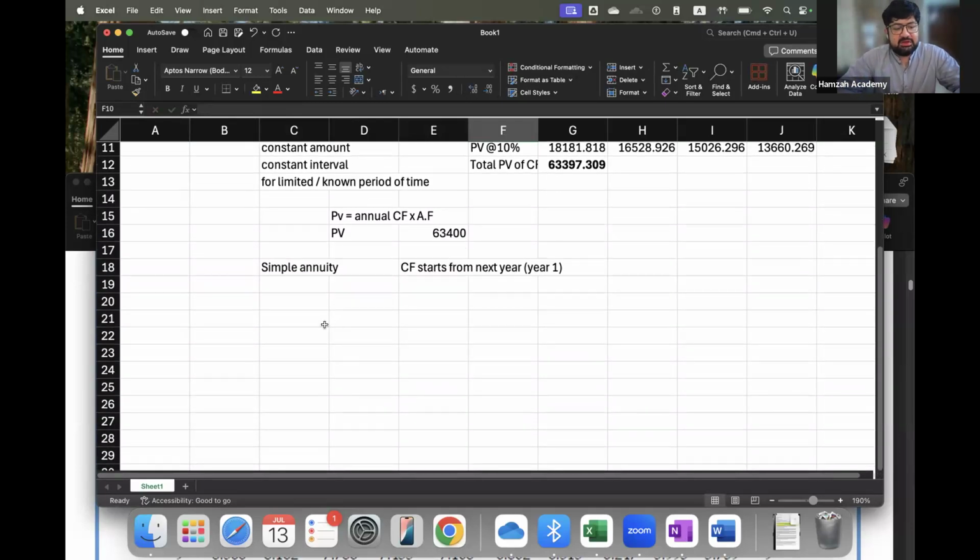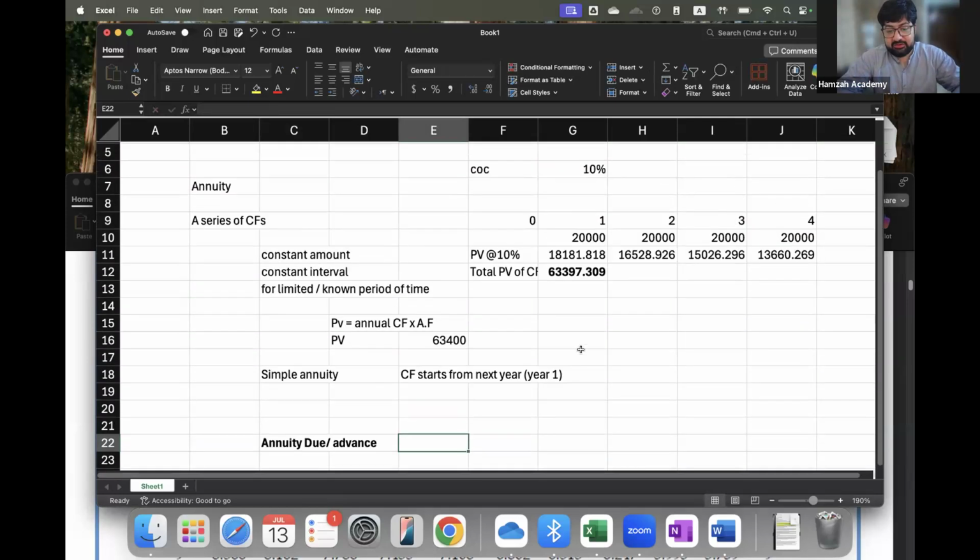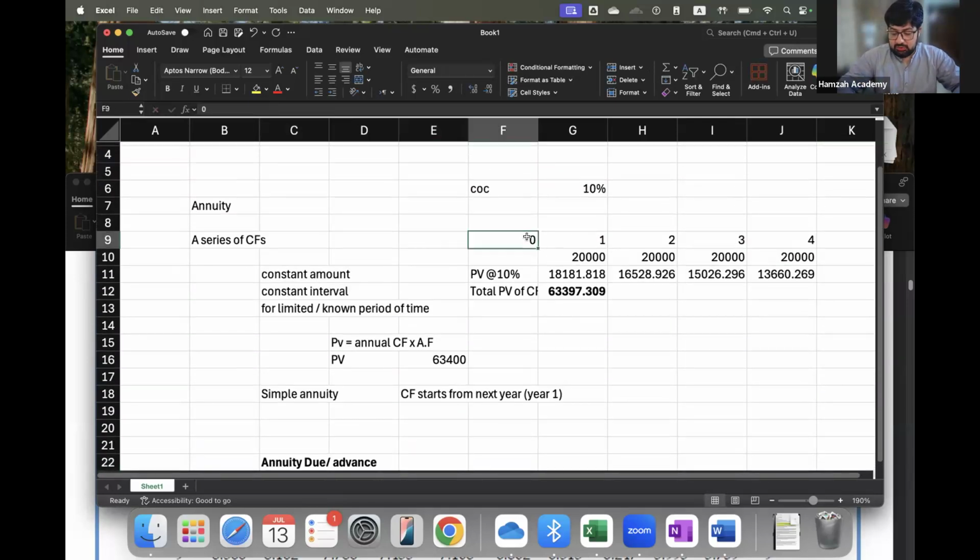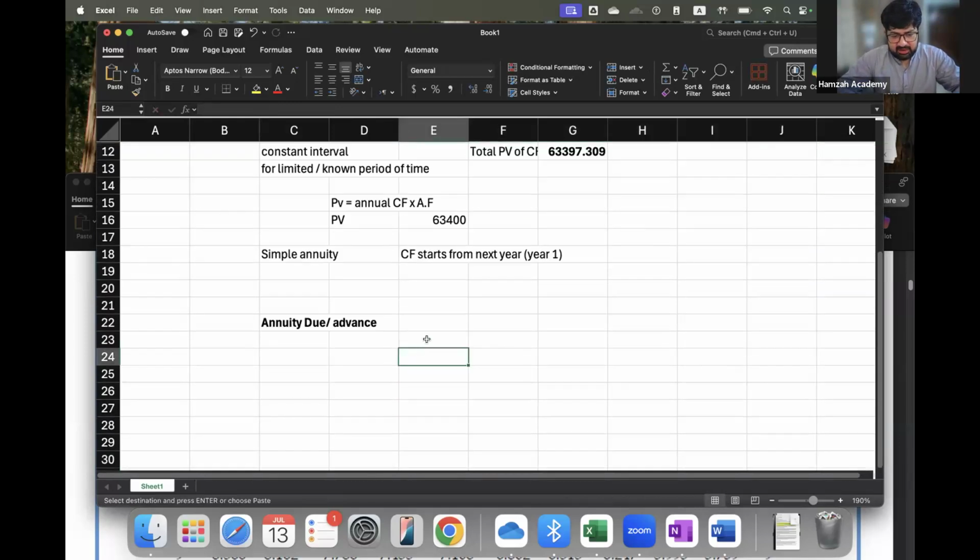Then is annuity due or in advance. The second type of annuity, where cash flows start from now. For example, they say that you will be given, I will take the example, the cash flows of 20,000 from now, starting from now and every year.